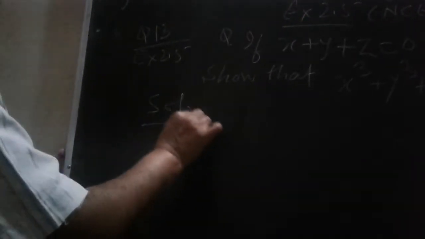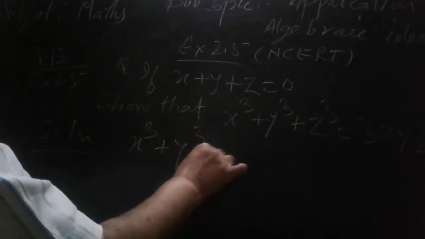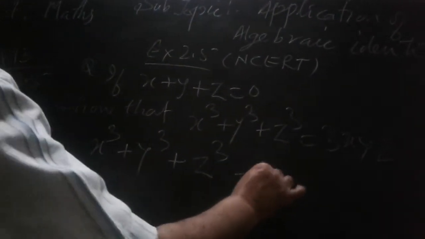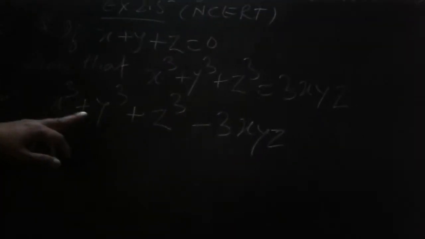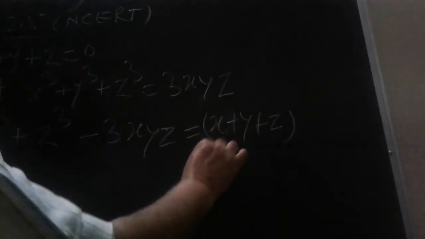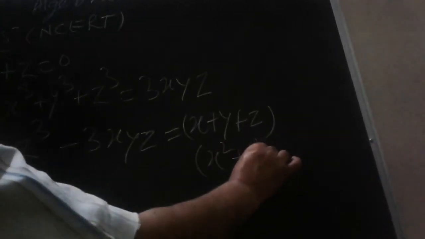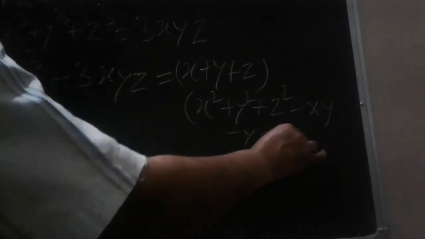Here, solution. We know an algebraic identity: x cube plus y cube plus z cube minus 3xyz. The factors of this expression are x plus y plus z, and x square plus y square plus z square minus xy minus yz minus zx.